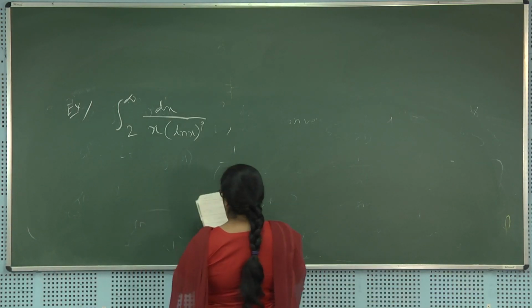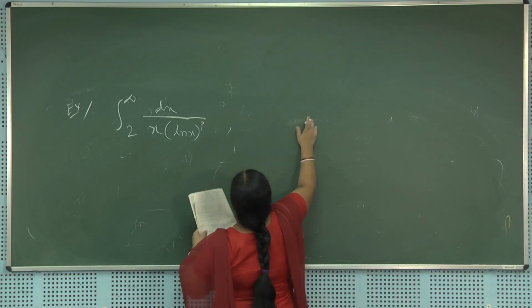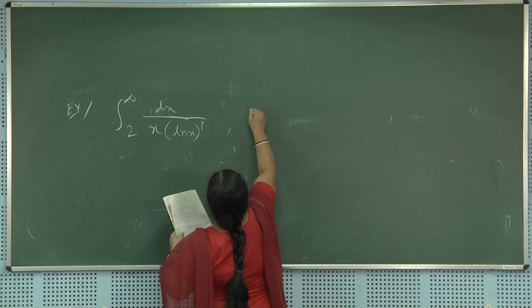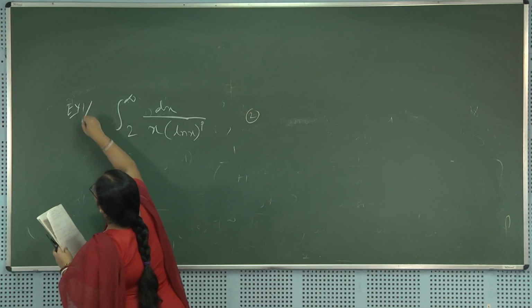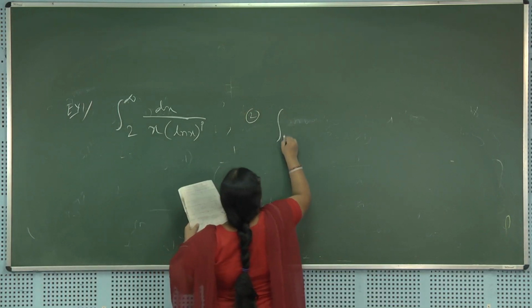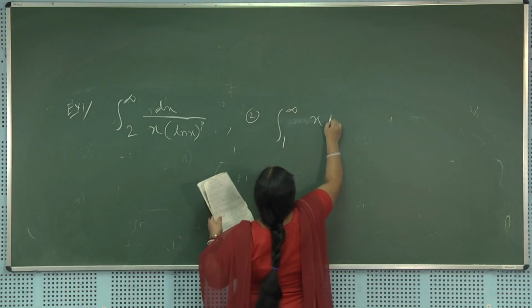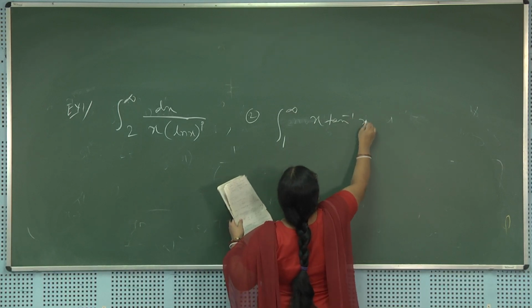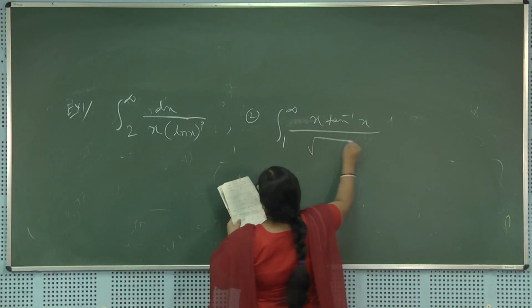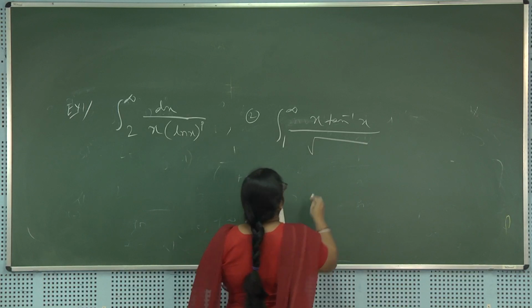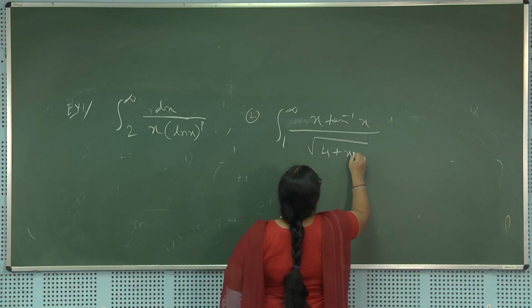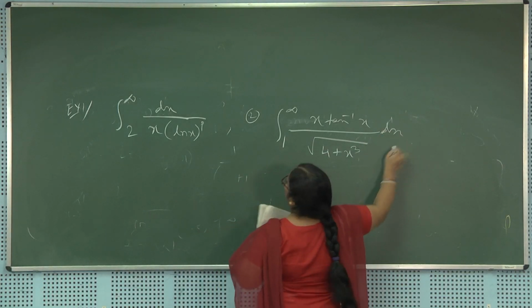Next problem you can take up. Exercise 2, integral 1 to infinity x tan inverse of x over root of 4 plus x cube dx. Okay.